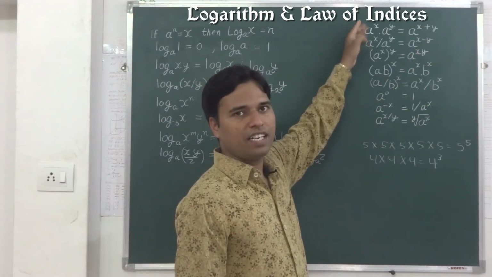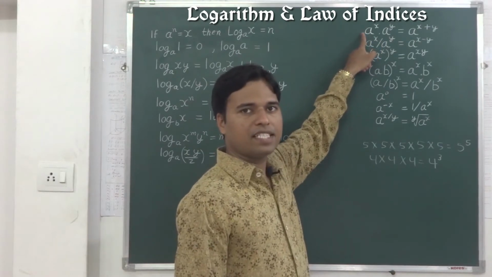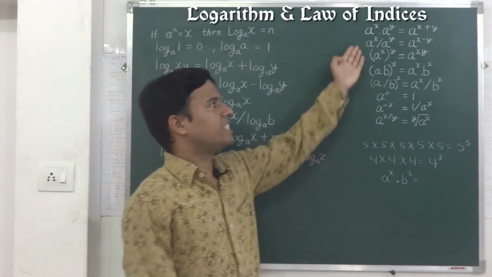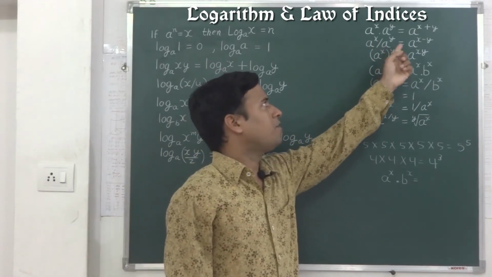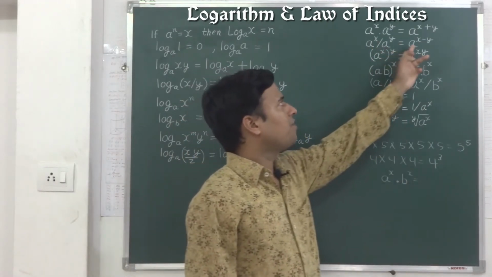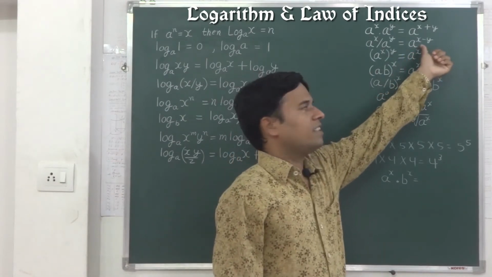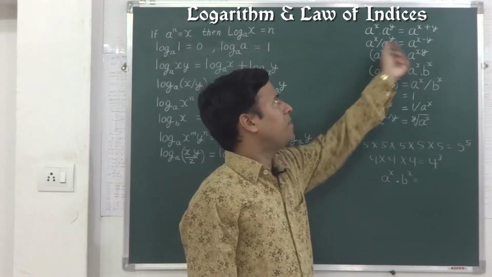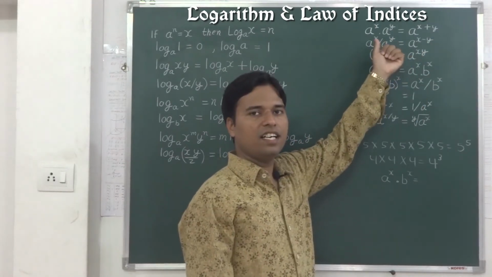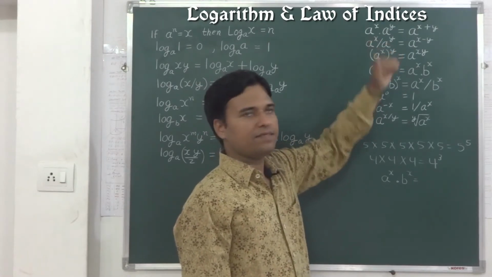Carefully watch here. Both numbers have the same base a here. In the second formula, a power x is divided by a power y. What do we get? We get the number having the same base, but the power y is subtracted from the power x here.